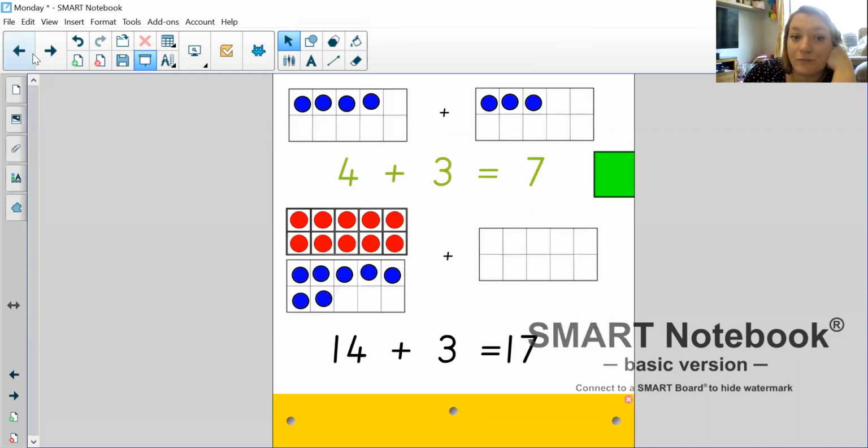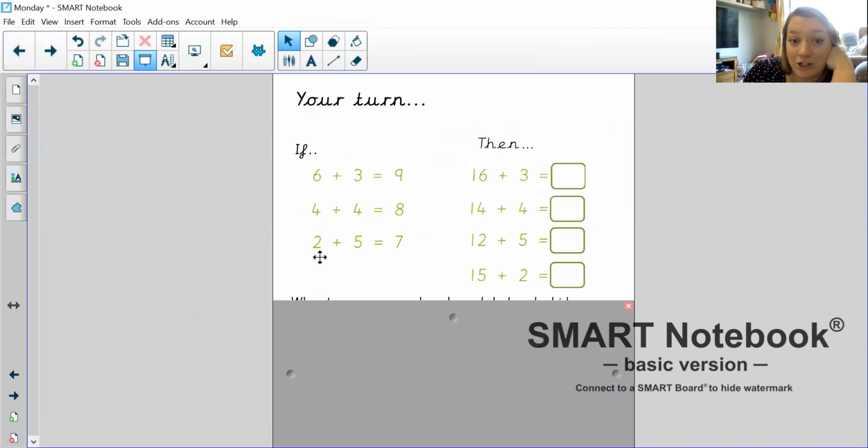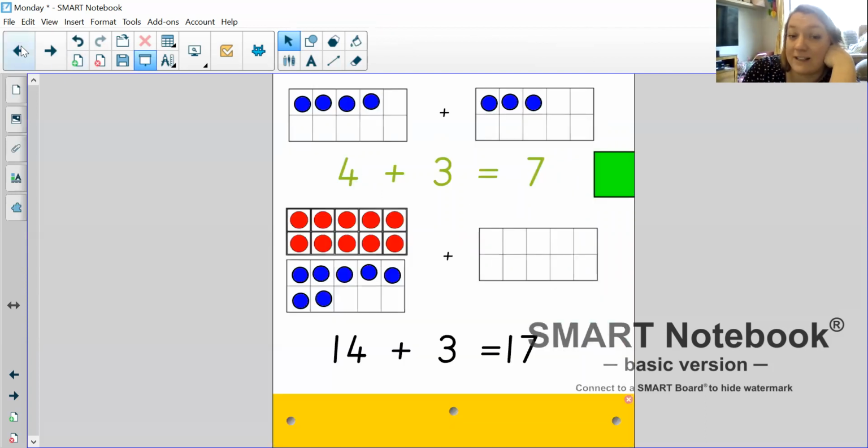Remember, these questions are here to help you. So we started off, for example, with 4 add 3 equals 7, and then we added a 10 into the question, and then a 10 into the answer.